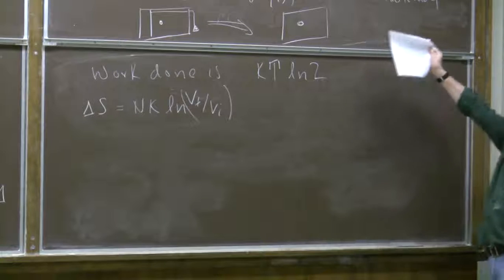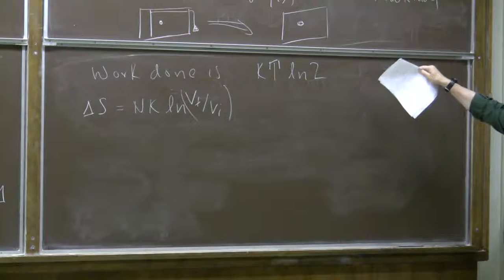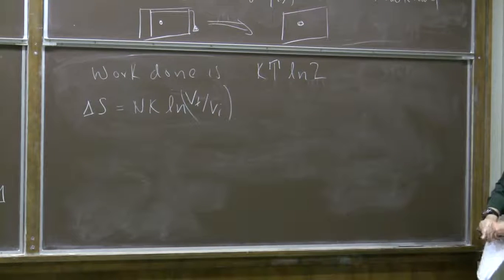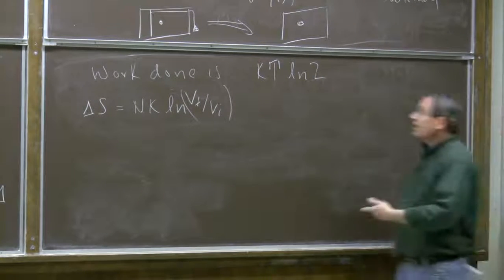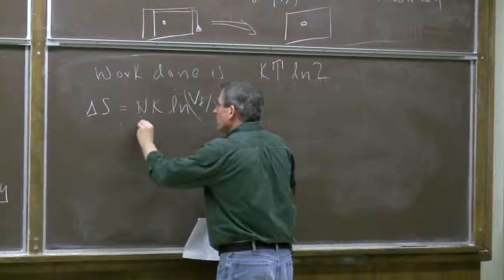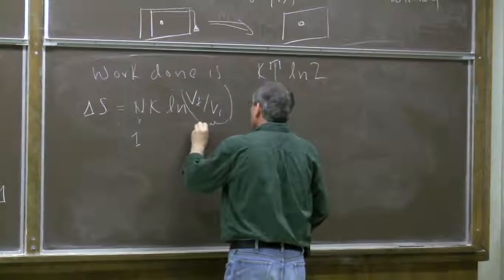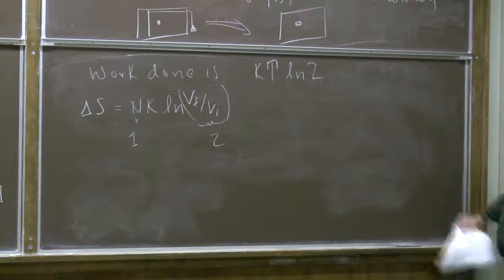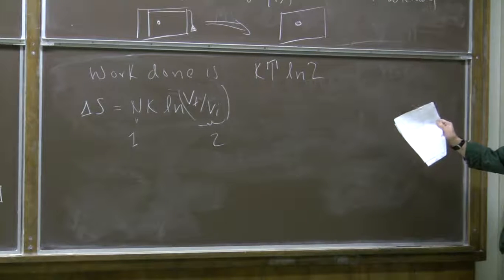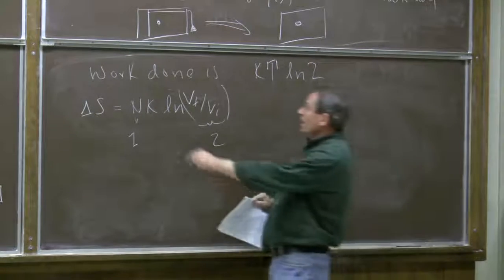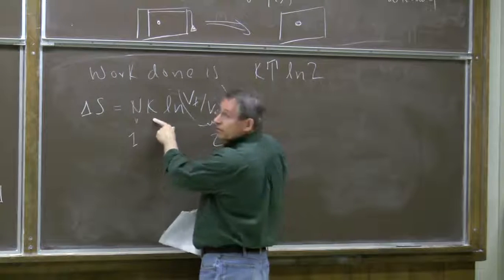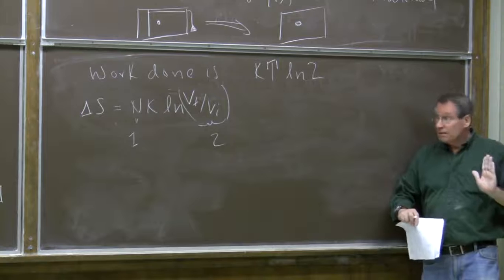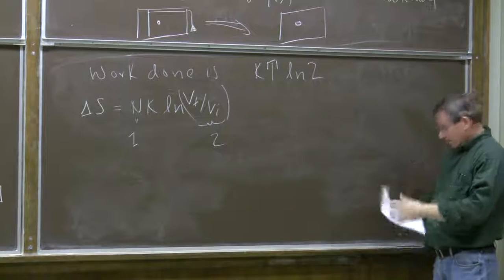I guess I didn't explicitly say so, but I was imagining that I put the partition right in the middle, so when the wall gets pushed all the way to the left side, the volume has doubled. So the entropy, in this case, when n is equal to 1, and the ratio of the final volume to the initial volume is 2, the entropy increase is just k log 2, and the amount of work done isothermally then is kT log 2.